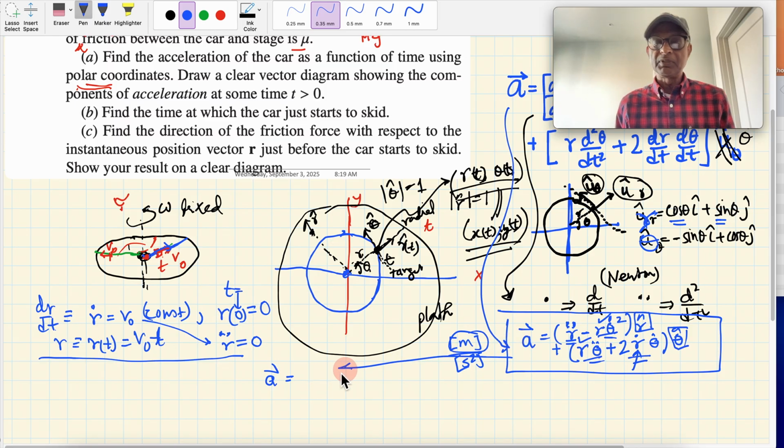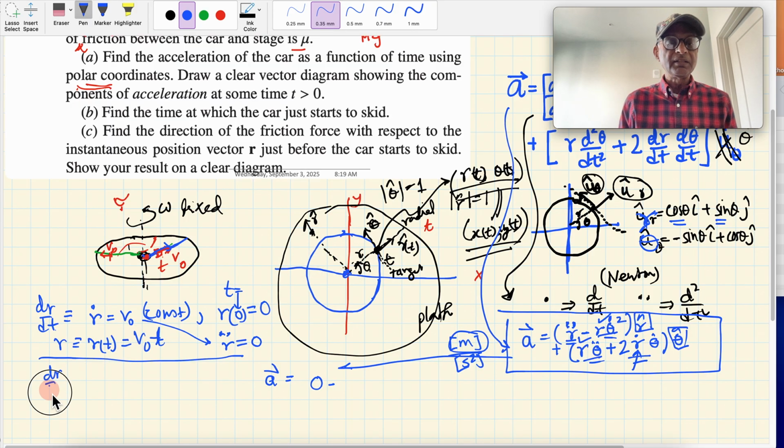So this thing simplifies a little bit, knowing that. So 0 for that. And theta dot is how it's rotating, right? Theta dot, how the angle is changing. And it's rotating with the platform. It's not sliding or anything like that. So d theta dt is theta dot, and that's just omega, and that's also constant.